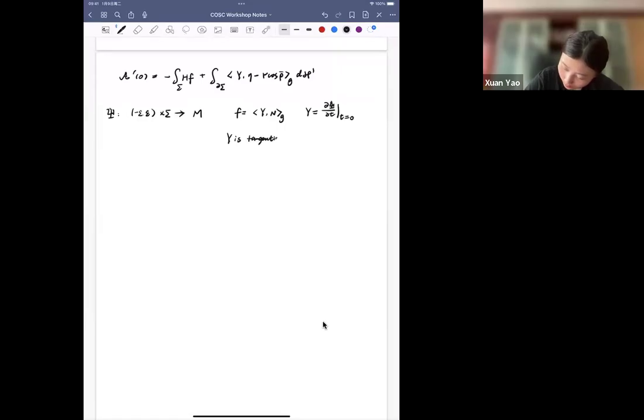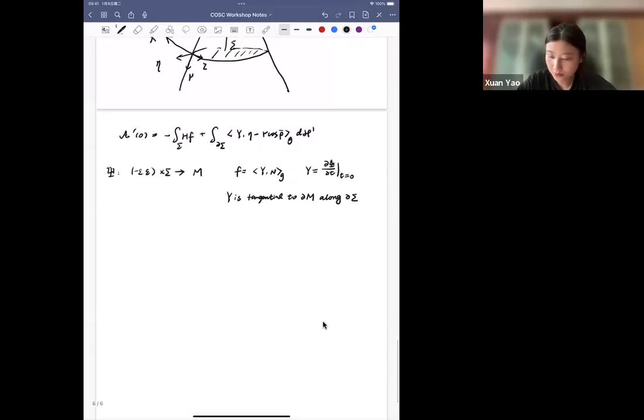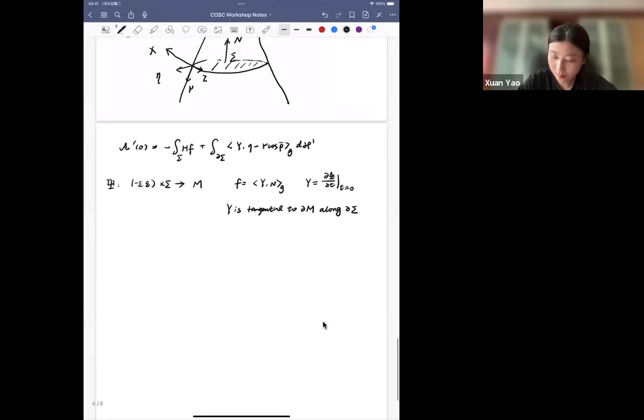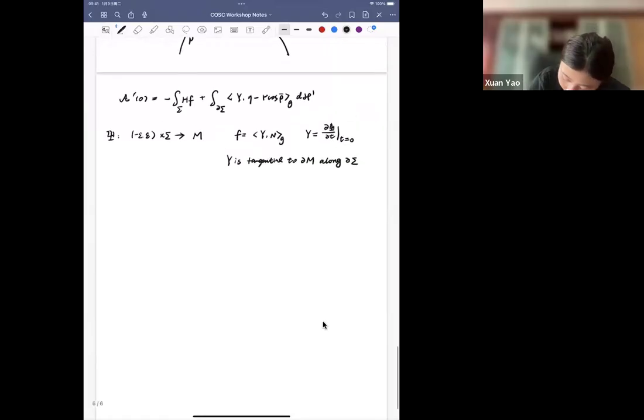So this is our first variation. If sigma is a minimizer, what we know is that sigma is a minimal surface, and it intersects the boundary of M with the prescribed capillary angle rho bar.